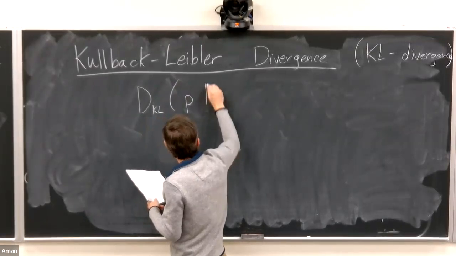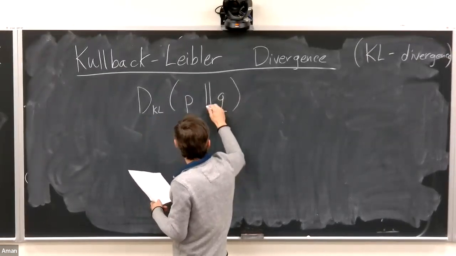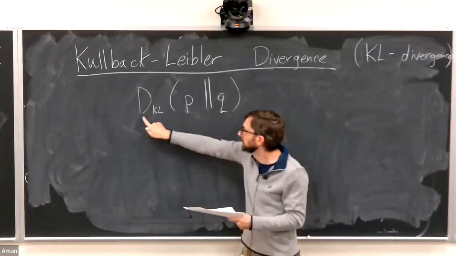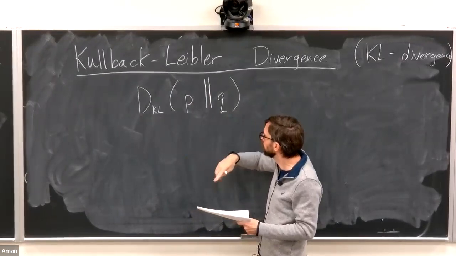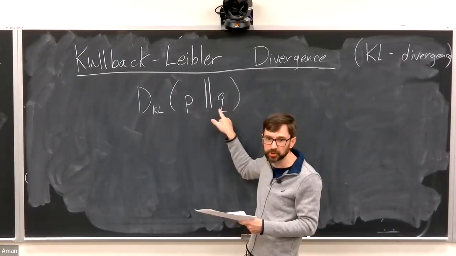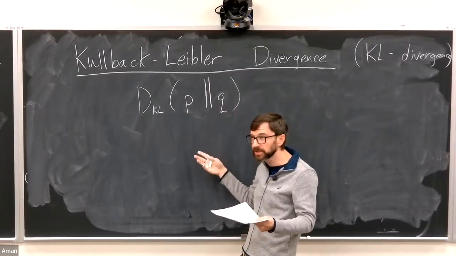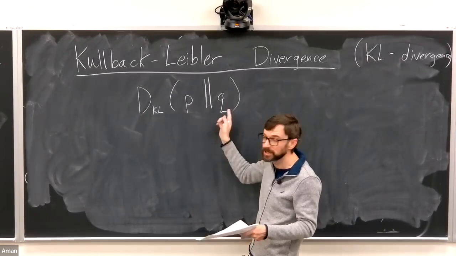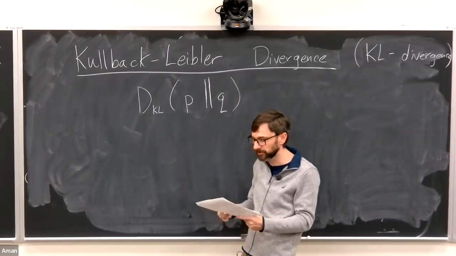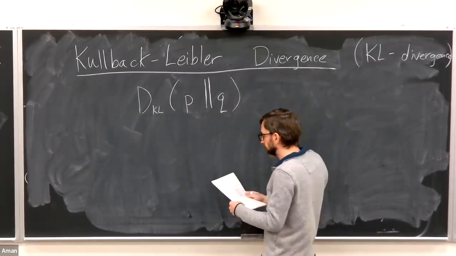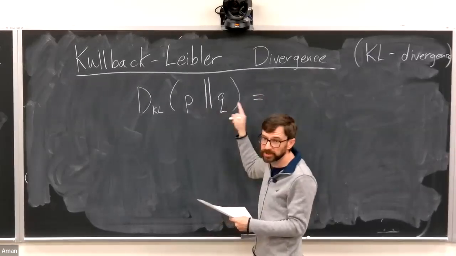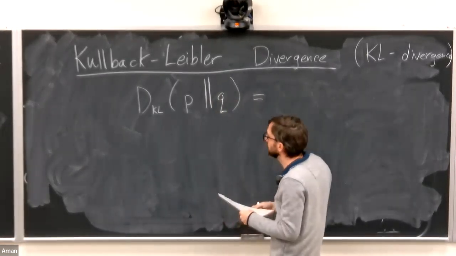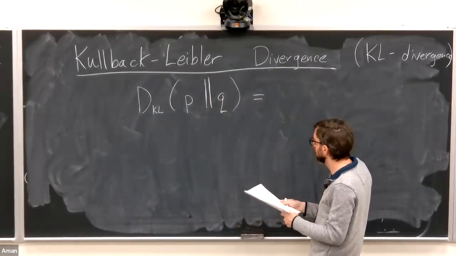It looks as follows, with two vertical bars separating P and Q: the KL divergence between P and Q. P and Q are two probability distributions, meaning either probability mass functions in the discrete case or probability density functions in the continuous case. This works for both. And these are two different random variables.